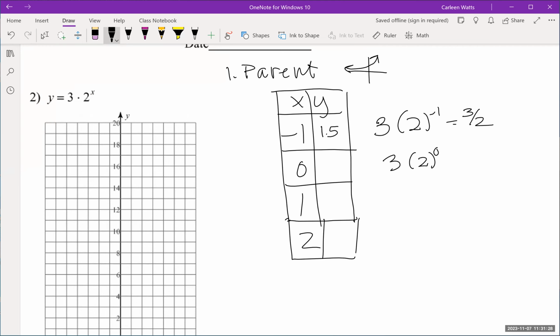Anything to the 0th power is 1. 3 times 1 is 3. 3 times 2 to the 1st is what? Six. Notice the y-intercept is 3 and we are doubling.